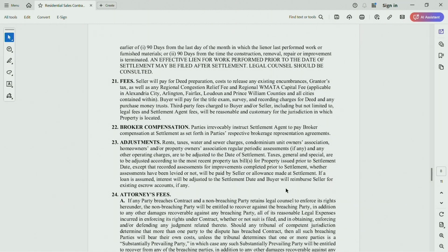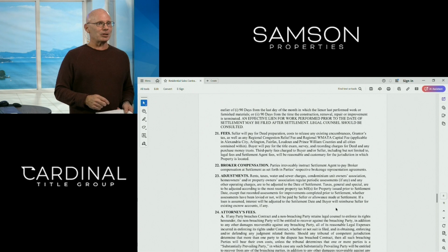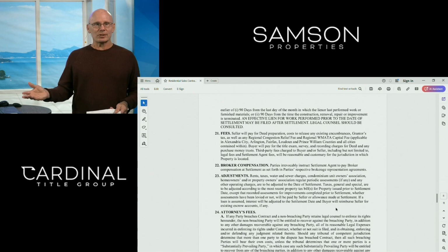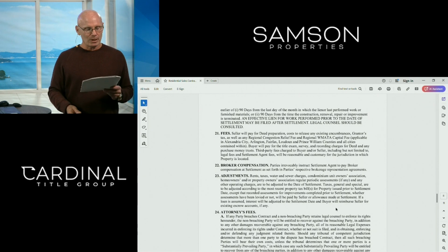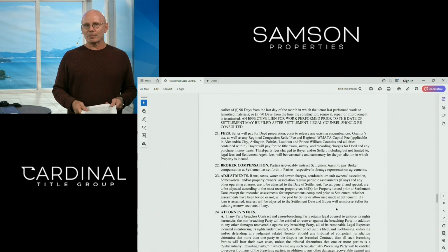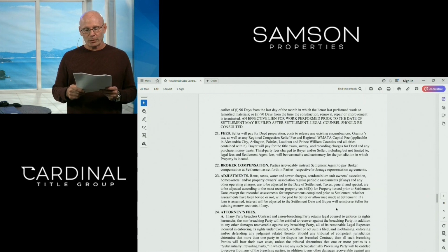So they're going to have to pay the buyer, because the buyer is the one that's going to incur that tax bill in December. So they're going to have to pay the buyer for those days that they lived in the property from July 1st to when they settle on the property. So there's going to be all kinds of adjustments on there for all these type of things. Just make sure your buyer is aware of them so they're not surprised. So this is just outlining what those adjustments may be.